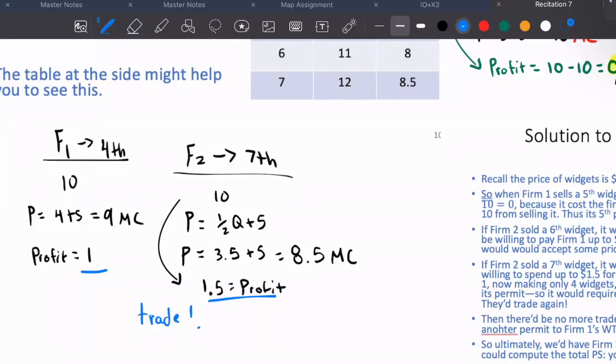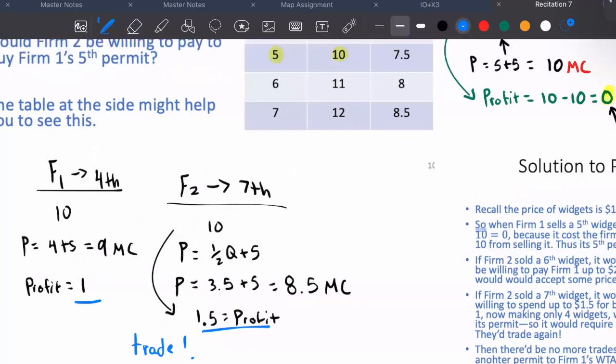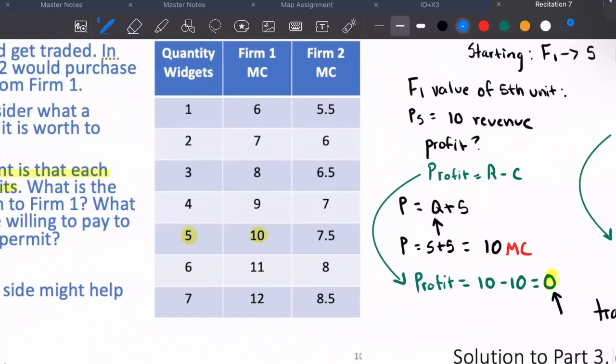So we end up in a situation where firm 1 has 3 permits and firm 2 has 7 permits. And you can keep going like this. For example, now we would compare the willingness to receive of firm 1 for their third unit, which would be 10 minus 8, that would be 2.